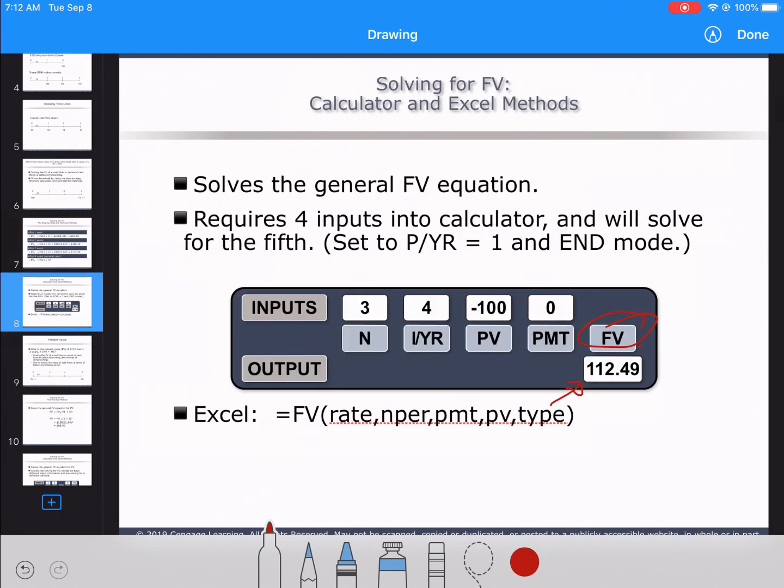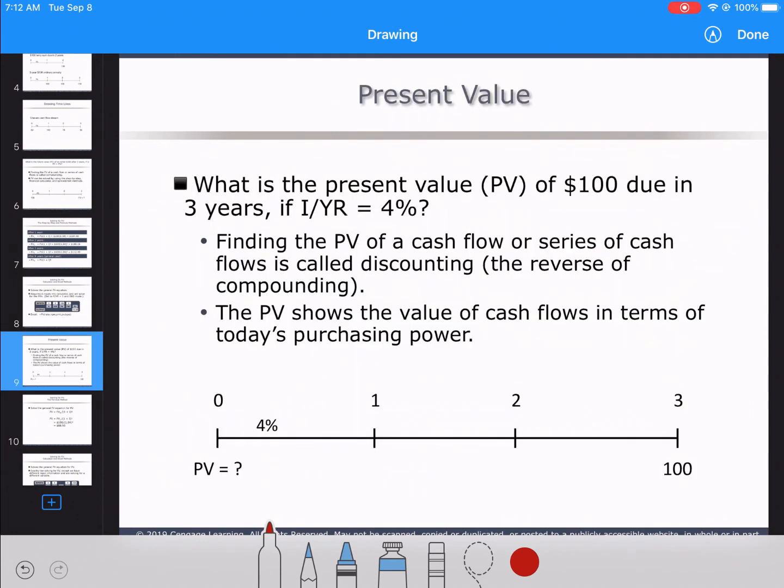which is what you got in here, 112.49. So then we go to the next one called present value, and this time you get 100 three years from now, and then you see it will have to be coming back to this. And what you now see, how many discounting? So 1, 2, and 3.